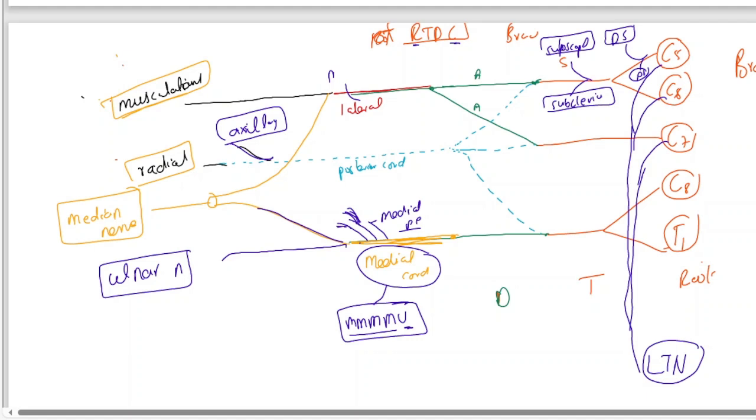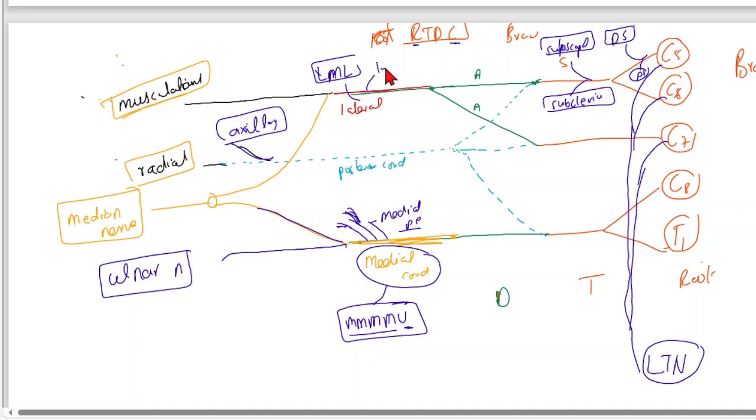So from this area you can understand it's from the lateral cord. Three nerves arise. One is the lateral root of the median nerve, another is the lateral pectoral nerve, and another is the musculocutaneous nerve. So these three nerves arise from the lateral cord. What does L M L mean?